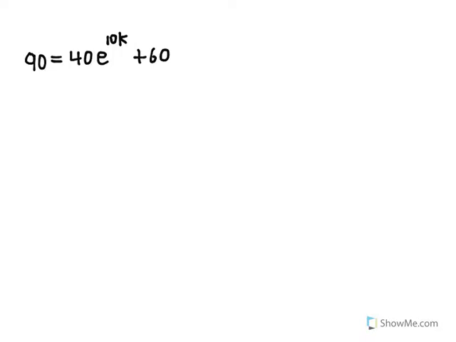So how do we solve this equation for k? We want to get k by itself, so you have to undo the operations that are being done on k. So let's identify what's being done on k. So we have our order of operations: grouping symbols, exponents, multiplication, division, addition, and subtraction. So you can see that you have exponentiation with base e.